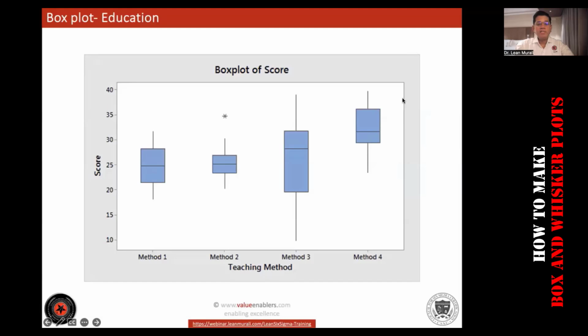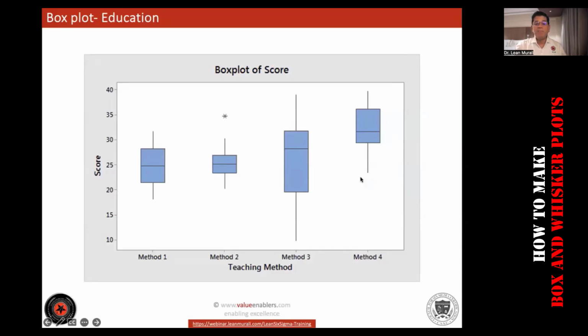Suppose in the education industry, there are 4 methods of teaching, and we look at the scores of students in each method.